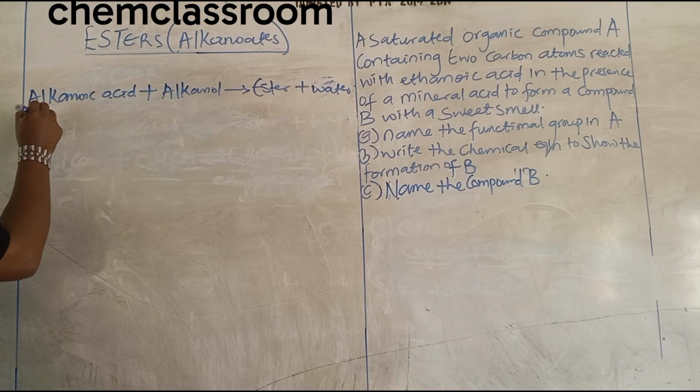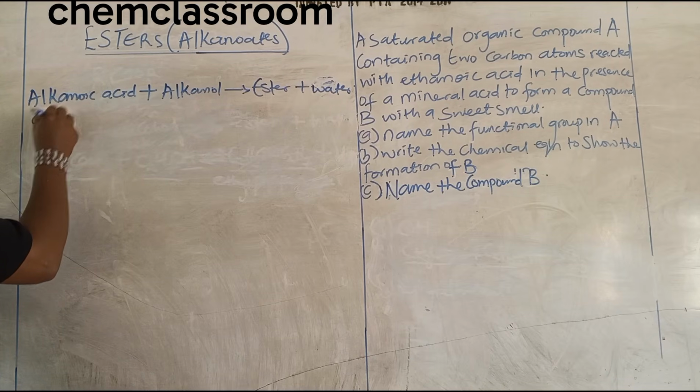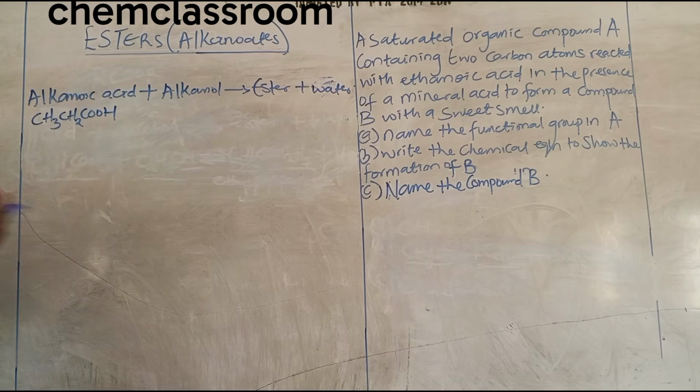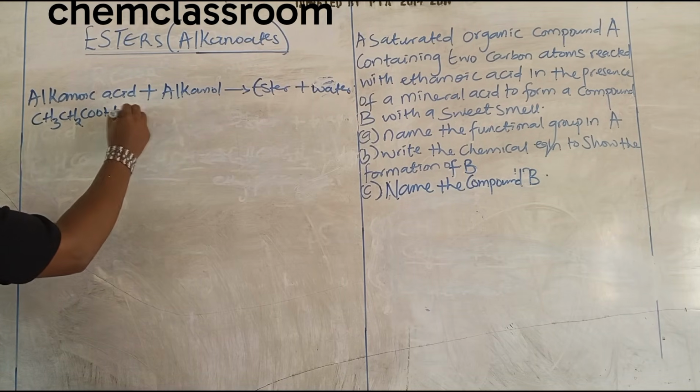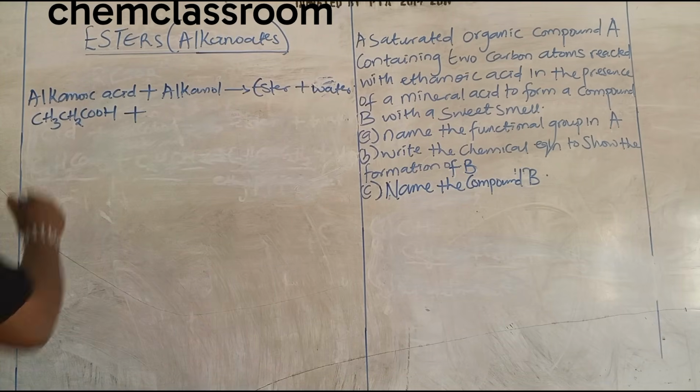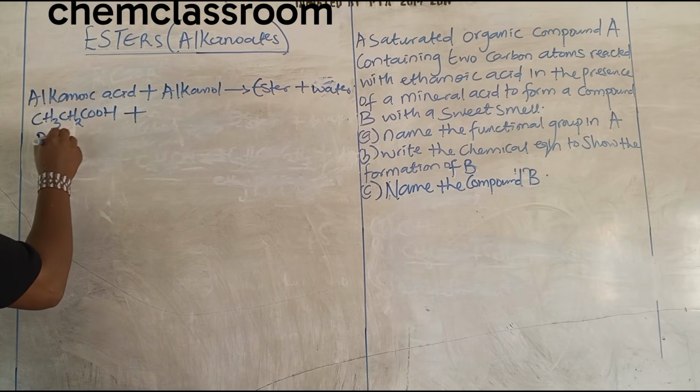So I can write CH3CH2COOH. And I can also write it in the collapsed form, C2H5COOH. Then plus what? My alcohol, what are we going to use? Okay, this is my propanoic acid.